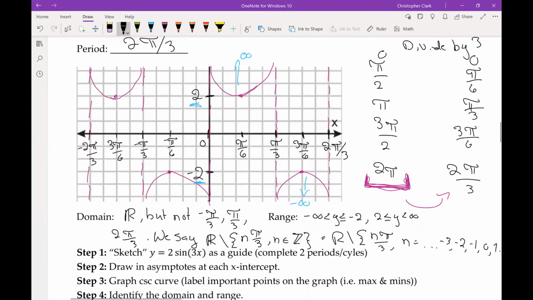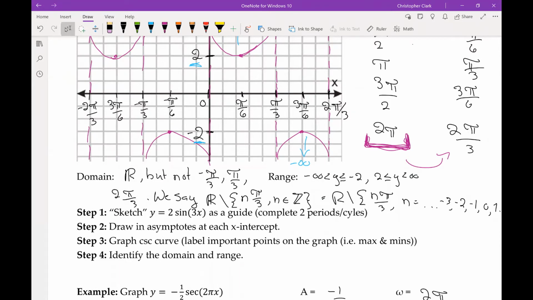Looks normal. The domain is all real numbers except for the asymptotes, which happen at n pi over 3, where n is any whole negative number to any whole positive number, right? So we have right here 0 and then pi over 3 and then 2 pi over 3.